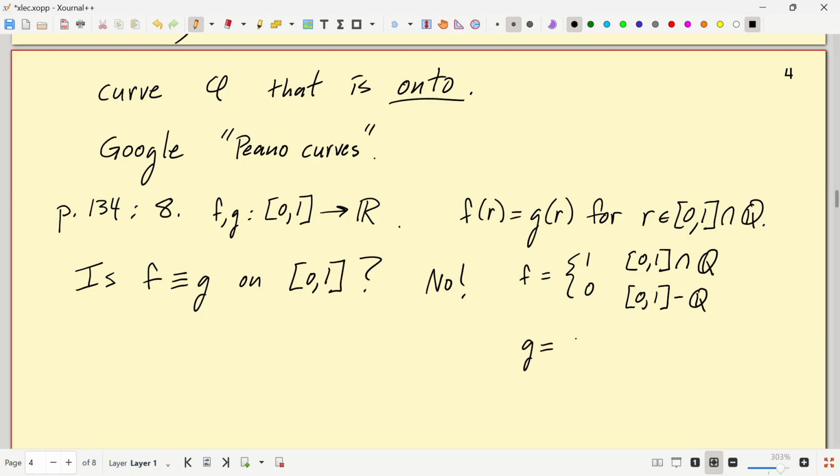And G, you could make it just be 1 on all of them. And those would agree on the rationals, and they wouldn't be the same. So that's kind of a dumb idea.